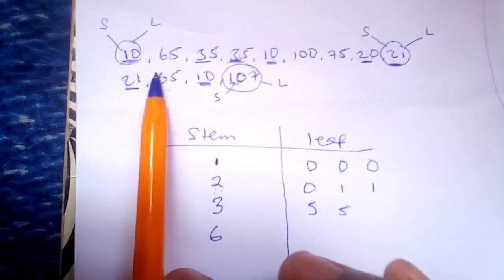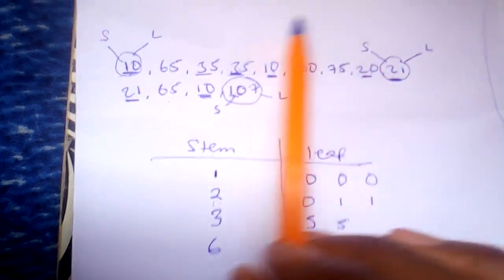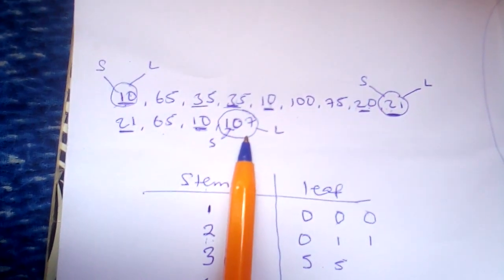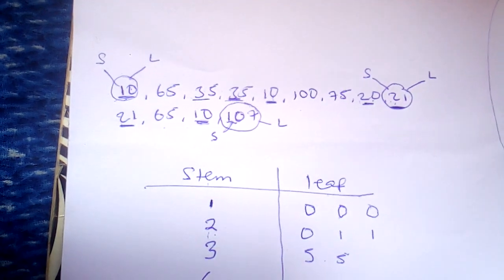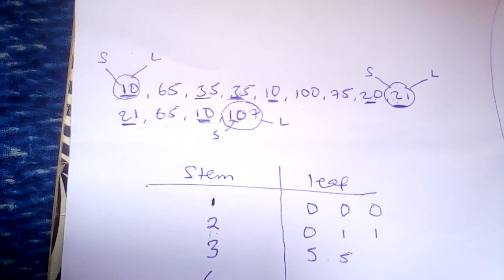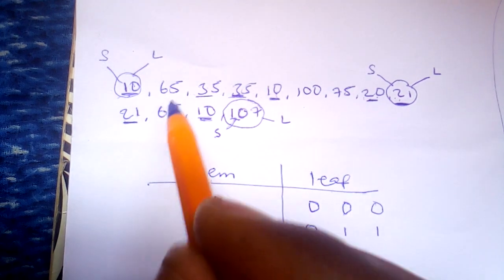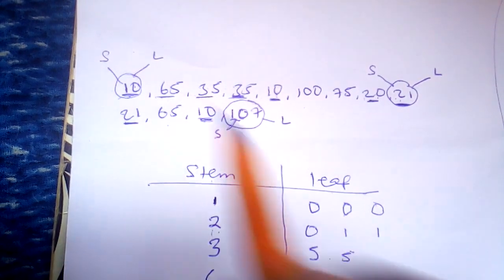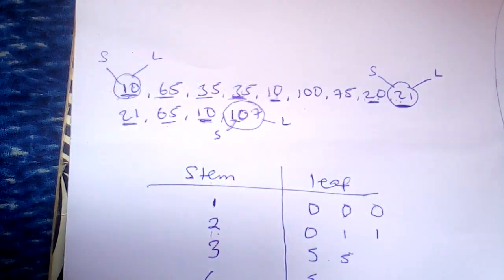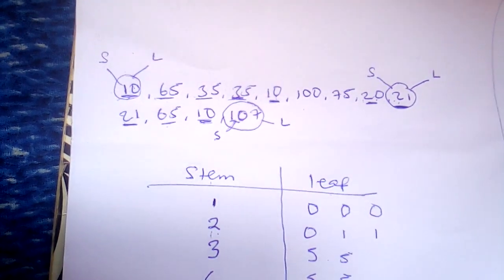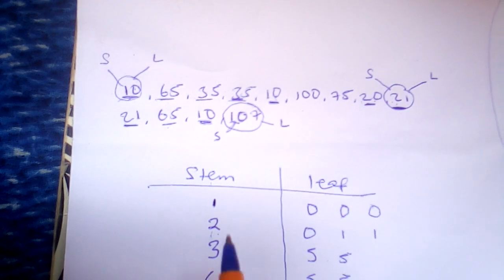No, you have to move with how these figures are moving. You have to be led by the numbers that you put here. So there's a 65 here. I'm going to put a 5 here, and there's another 65 here. I'm going to put a 5 here. Okay, so from here I can move on and continue.